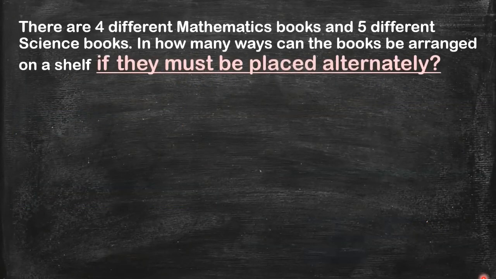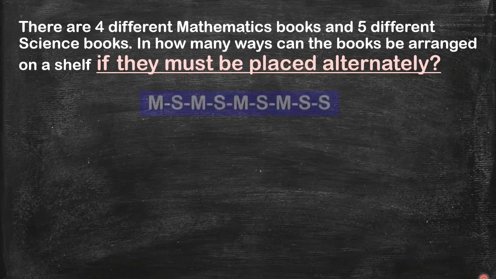Okay, let's move on. What about this problem? Still we have 4 different math books and 5 different science books. But this time, they must be placed alternately. So, I have a question. Can we have math book first, then science, then math, then science, then math again, and so on? Let's see this pattern.